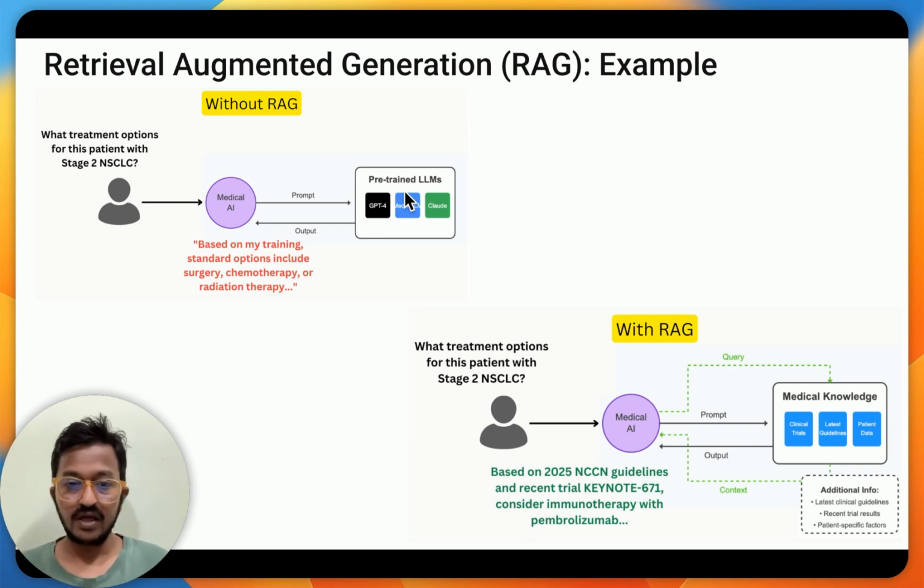So for the same query, what treatment options for this patient with stage 2 NSCLC, now the answer is more contextually relevant, like based on 2025 NCCN guidelines and recent trial KEYNOTE, immunotherapy with such-and-such is what the good response is all about, right? So that's how you can make use of RAG while you're building robust AI applications.